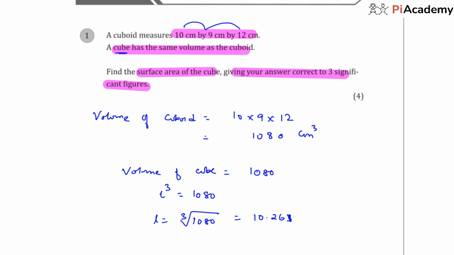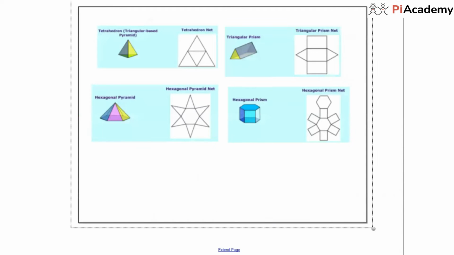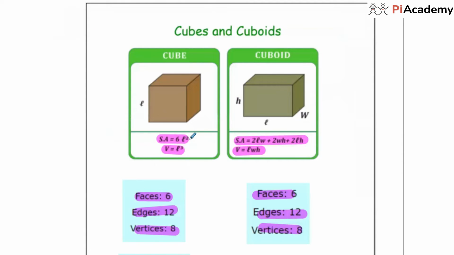Volume of the cube is L cubed, right? On the PowerPoint, I thought I saw a 6 in front of it. That's surface area. The volume is L cubed. Surface area is what we have to find.